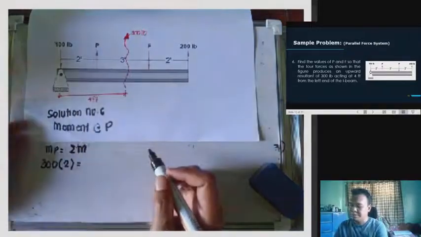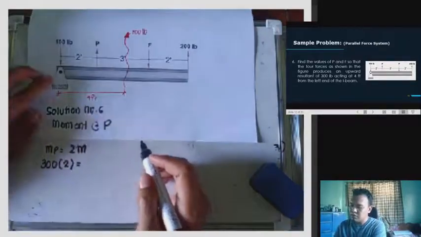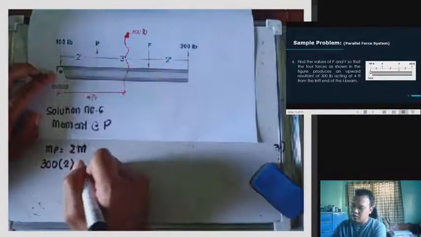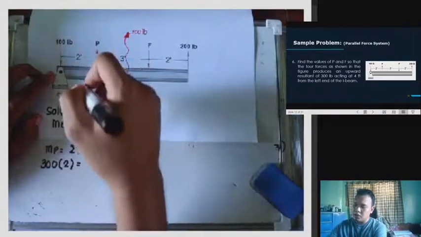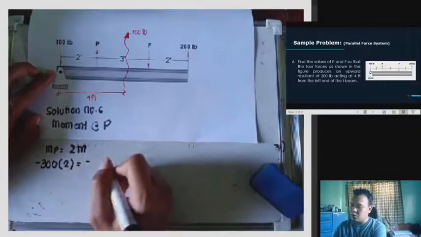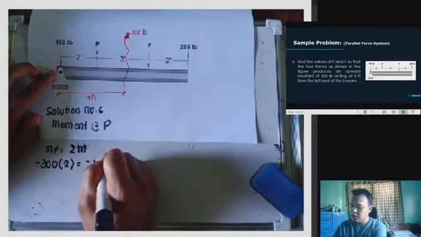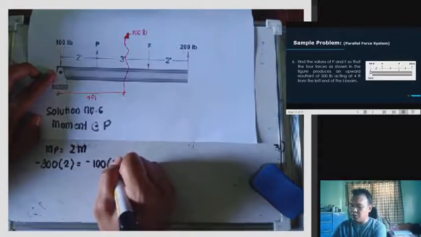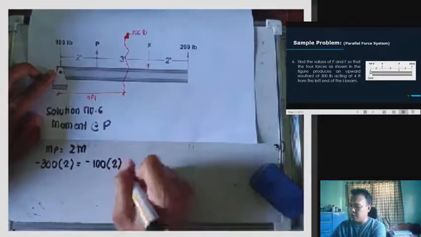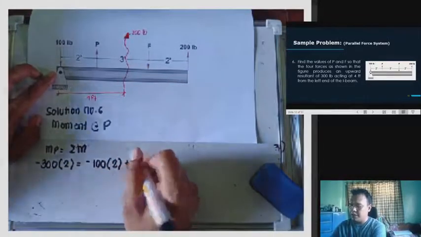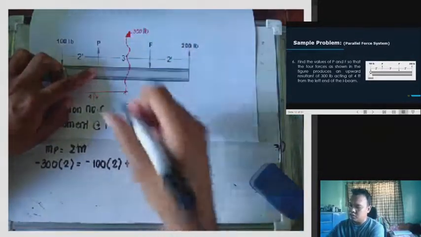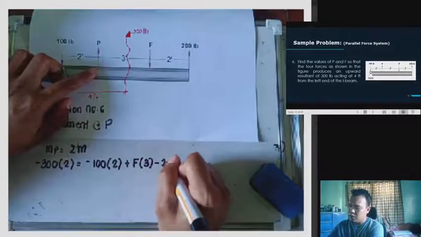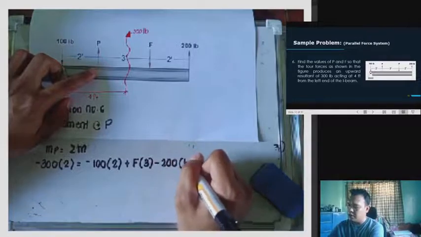So we have here counterclockwise negative, counterclockwise din yung moment natin doon, negative din to. So negative 100 multiplied by perpendicular distance which is 2, then positive F punta doon sa P times perpendicular distance 3, ito minus 200 multiplied by 5.